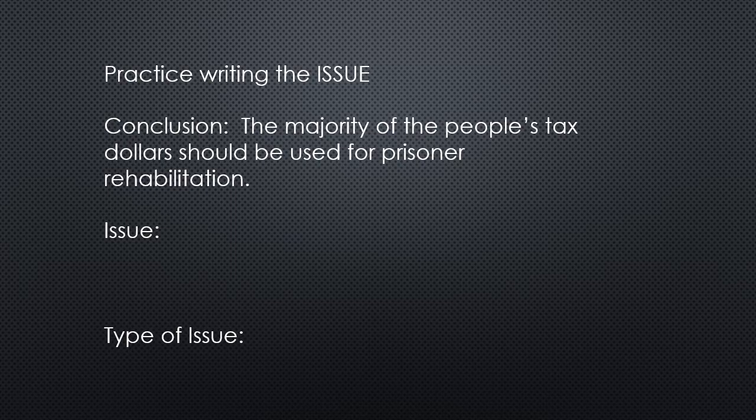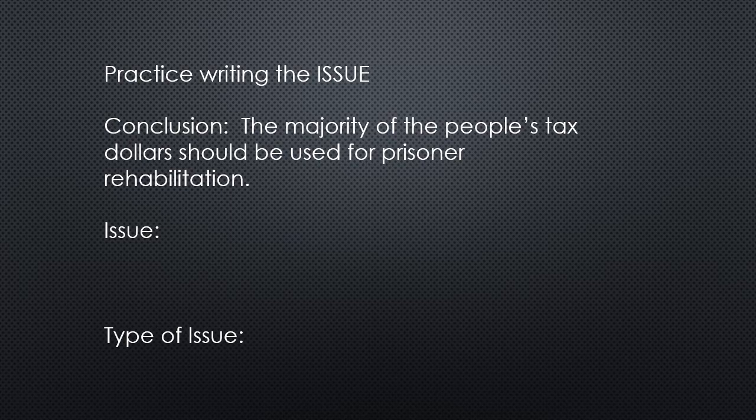In this first example, the conclusion is the majority of the people's tax dollars should be used for prisoner rehabilitation. That is the conclusion of the author's argument. Even though we didn't read it, that is the conclusion that the author is making. So the question is, what is the issue that the author is presenting to us? The issue that we are arguing about.